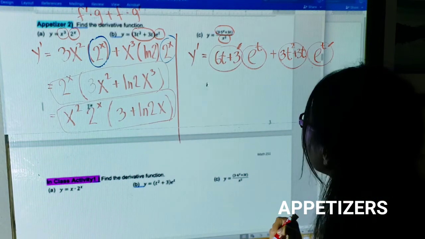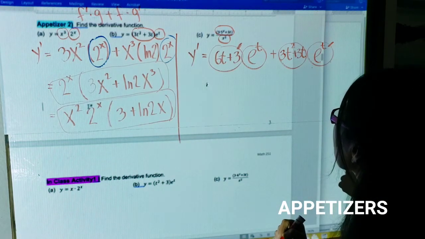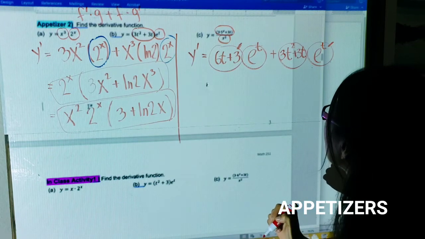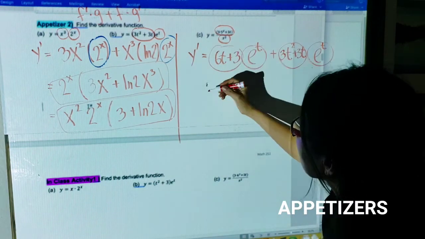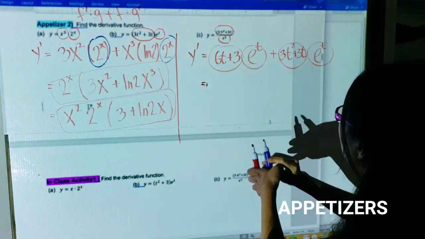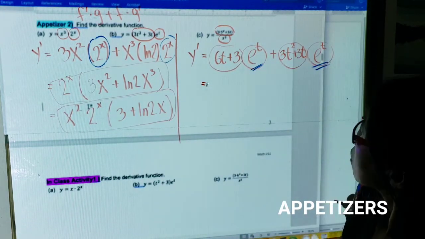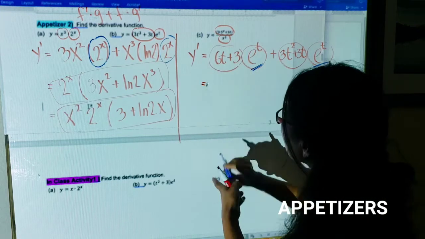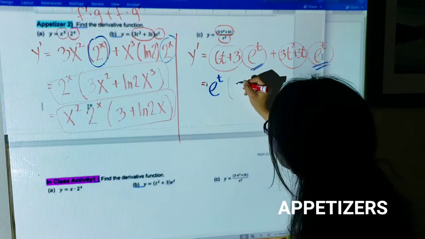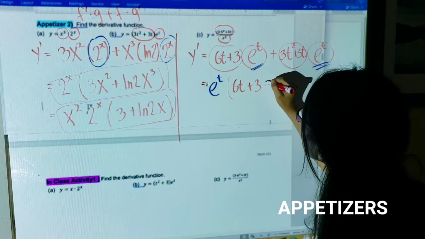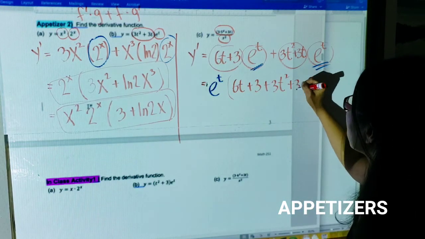Right? And now, can I factor out anything? Do you see any factor? So if you delete this one because that confuses me, then I see that common factor e to the t. That's it, right? I don't have a t here. So common factor e to the t, and then the rest of them I'm going to put inside. 6t plus 3 plus 3t squared plus 3t.